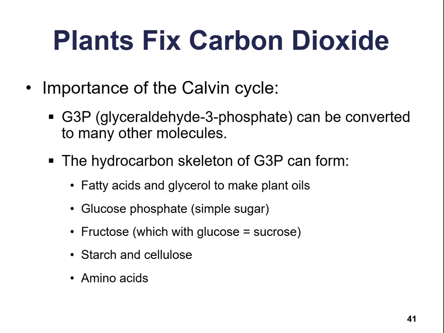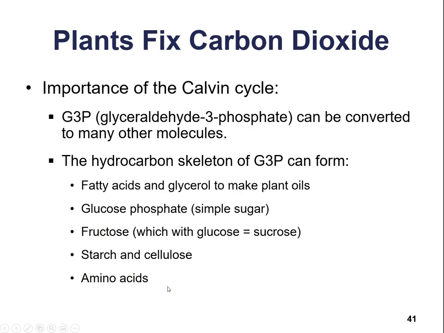Okay, I started to mention this, right? So I said I would talk a little bit more about this. So this G3P that's coming out of that Calvin cycle can be converted into many other molecules, okay? It can form fatty acids and glycerol to make plant oils. It can form glucose phosphate to make simple sugars. It can form fructose. It can form starch and cellulose and also even amino acids, okay?